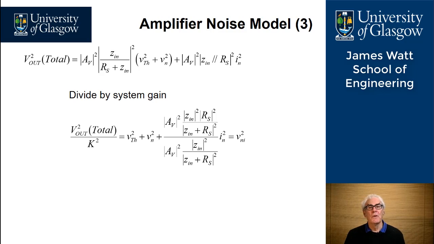Working through the equations and dividing by system gain, we land up with an equation of the total input noise is equal to the square of the Thevenin noise, which is from the source, plus the square of the voltage noise from the amplifier, plus the current noise multiplied by the source resistance.